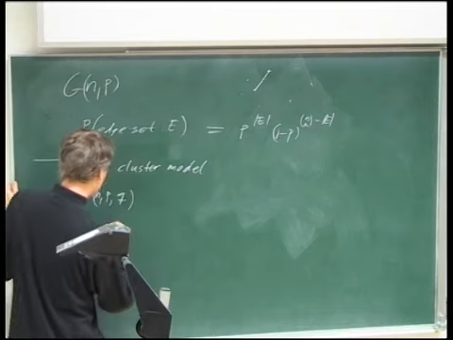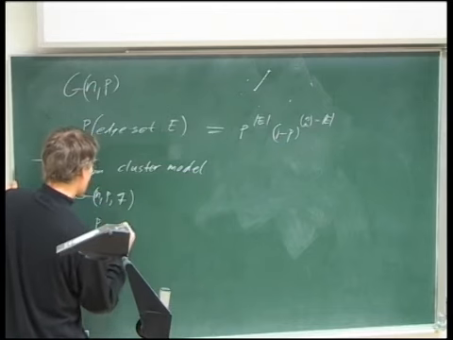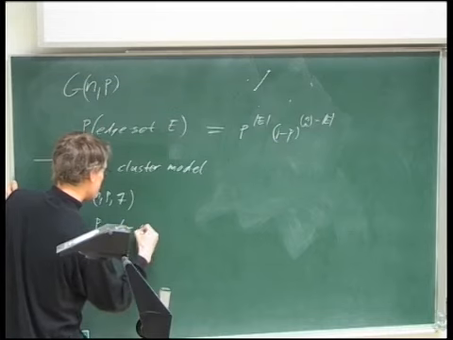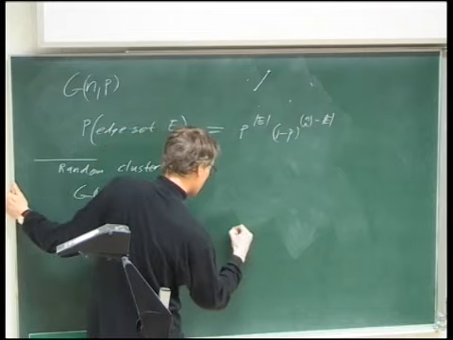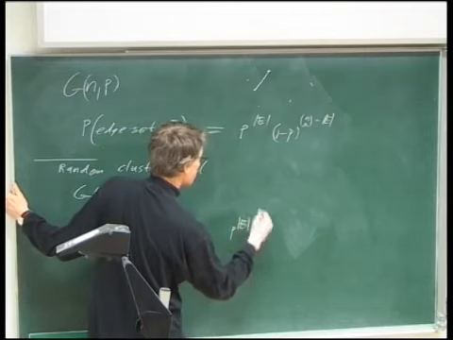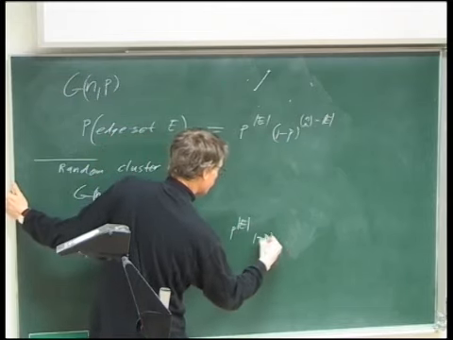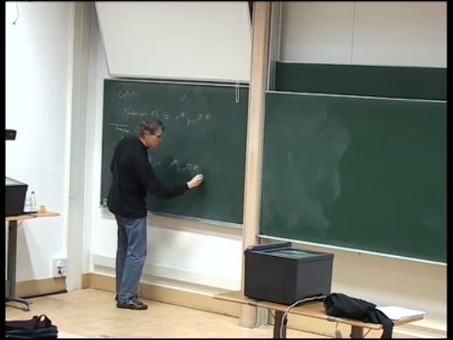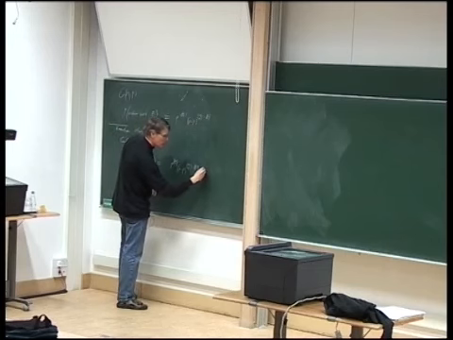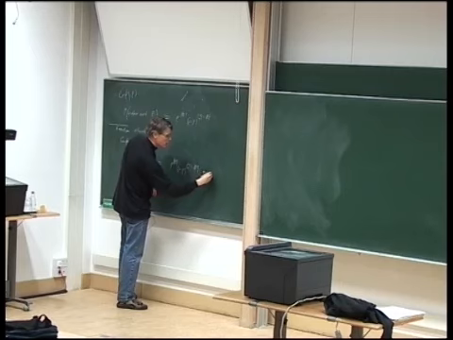And now we have instead the probability of edge set E: we take the same thing for the edges, but we also add a factor of q raised to the number of components.